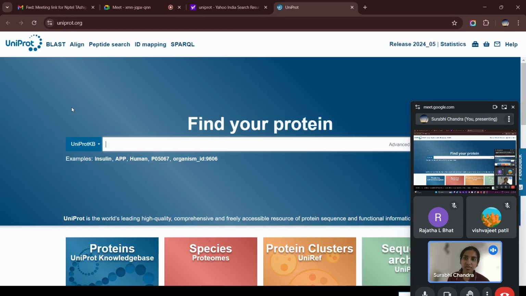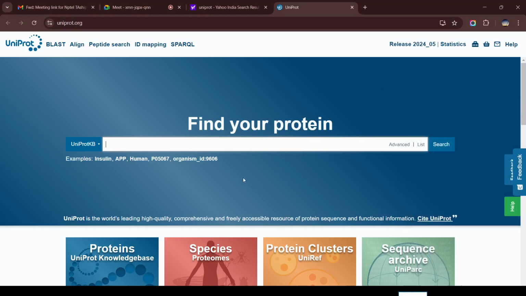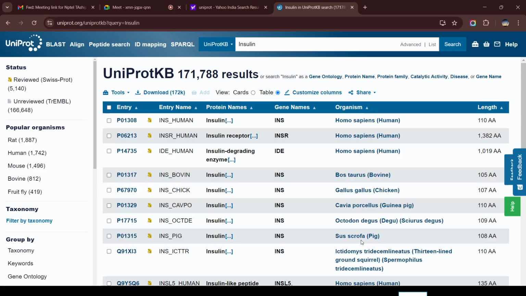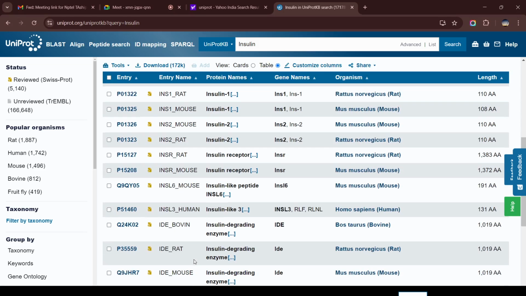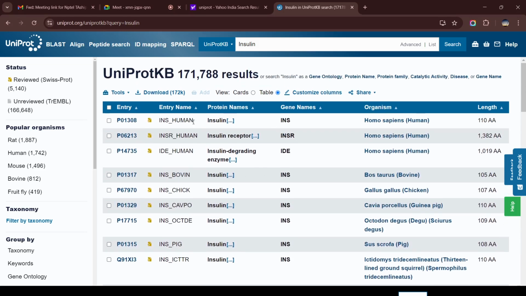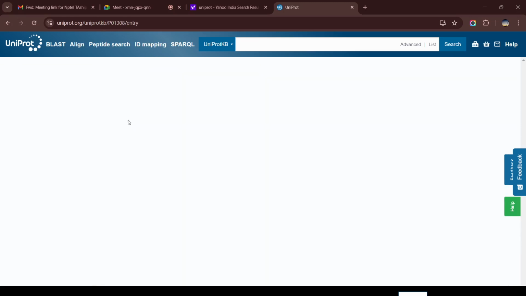This is a database wherein you can directly search, for example, for insulin. You will see whether it's from human, cattle, chick, pig, rat, or mouse, and you can just select one. Suppose we are interested in human insulin. You just go there.